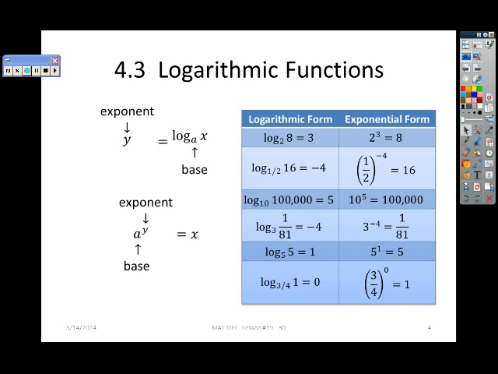Doesn't matter what base we have. It can be anything. That logarithm happens to be -4, because what it says is if I take 1/2 and I raise it to the -4 power, I get the number 16.